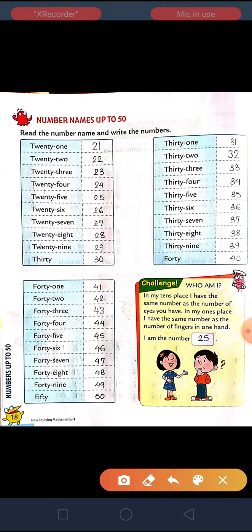So total 50 we have completed. So practice this at home, read the spellings, learn the spellings, and do the practice in your notebook also.